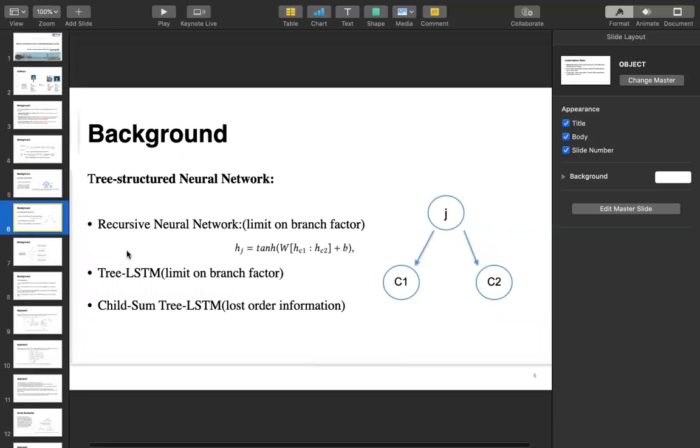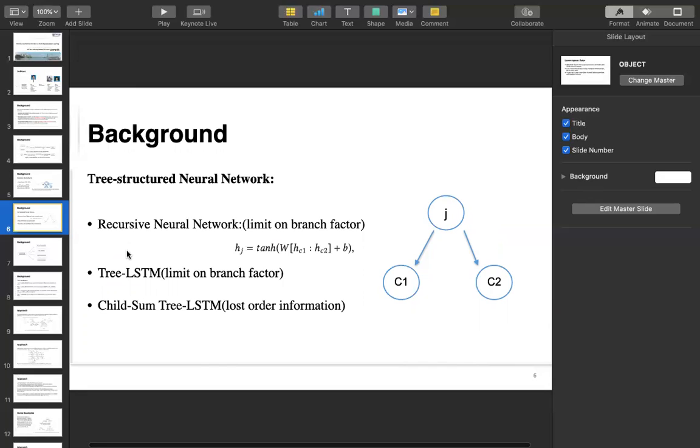For the tree structured neural networks that we mentioned, like tree LSTM and tree CNN, the most basic type is called the recursive neural network. You can see the graph on the right side: if we have a tree, we have a node J, and node J has two children, C1 and C2.